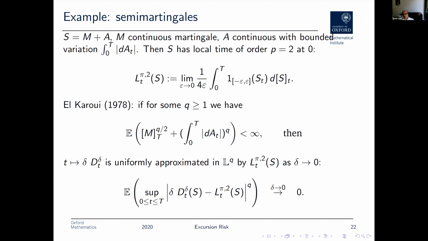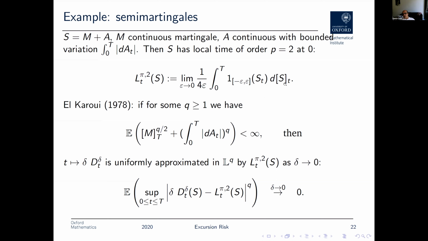This is a well-known result that the roughness index of such a process is 2, and any semi-martingale has local time of order p equals 2, which can be defined classically in this way. You look at how much the path of S accumulates quadratic variation.